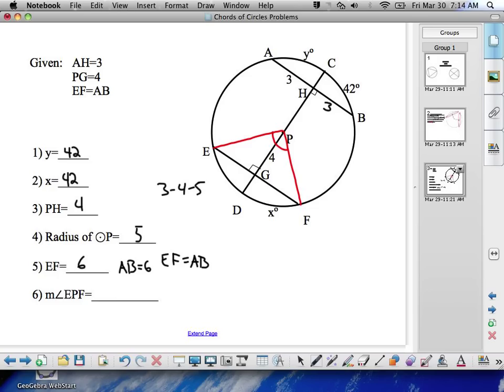So if X was 42 degrees, then arc DF is 42 degrees. And we know that minor arc EF has been bisected, so arc ED is 42 degrees. So using the arc addition postulate, we would say that arc EF is 84 degrees.